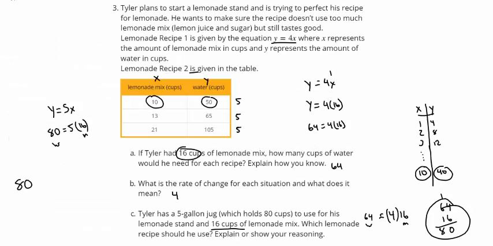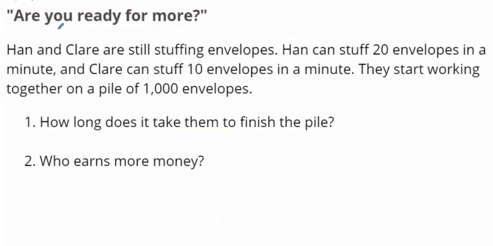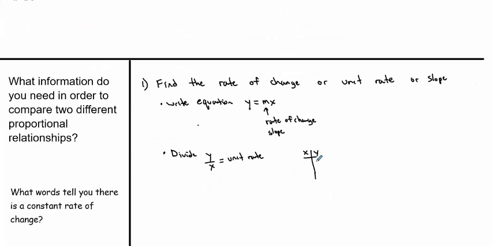Let's use this example here. 50 and 10, and 100 and 20. So 50 divided by 10 is equal to 5. 100 divided by 20 is equal to 5. So here's our unit rate.